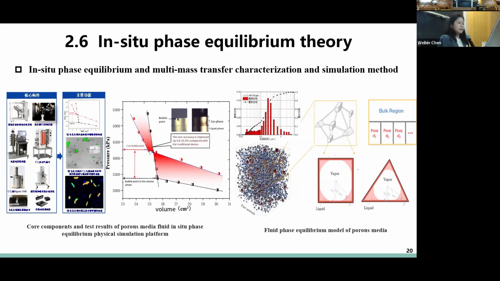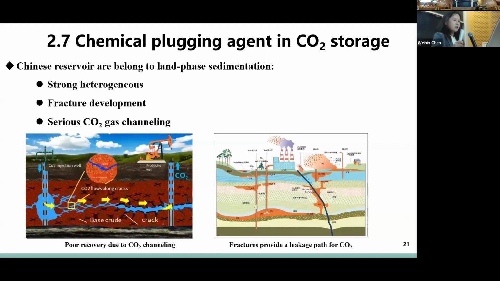The sixth work is in-situ phase equilibrium and multi-phase transfer characterization and simulation method. This work is done by my colleague. Our Chinese reservoirs belong to land-phase sedimentary, with strong heterogeneity, fracture development and several CO2 gas channeling.